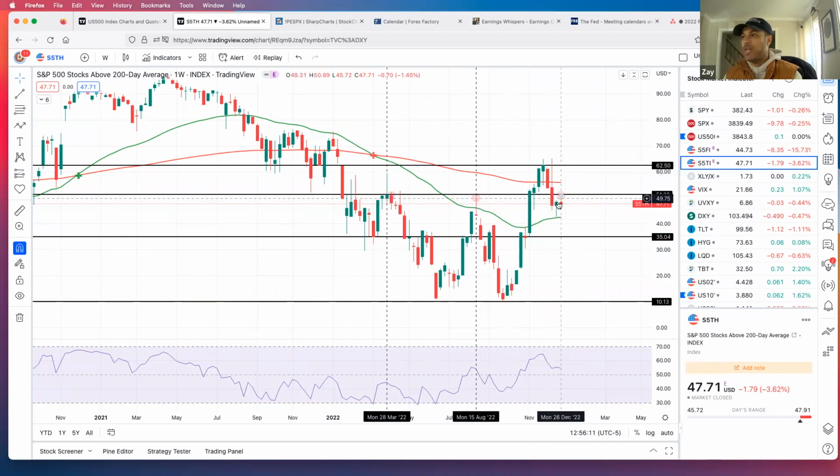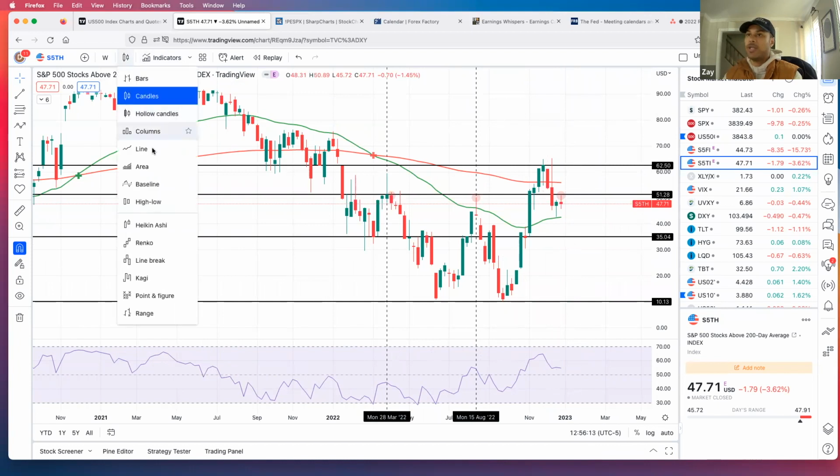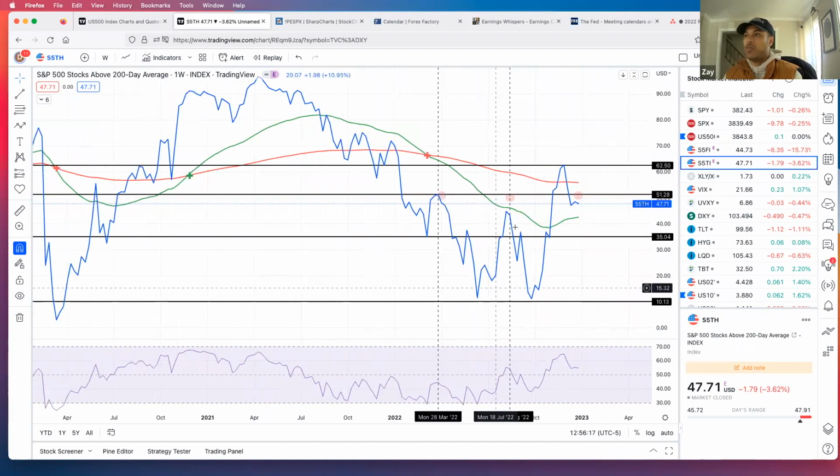So could we get an opening week pop? Certainly. Let me go to the line chart. As you can see, we're starting to already buckle. With that being said, could we see an opening move like that, and then after that we start to come down into February? Let me fix that up a little bit.